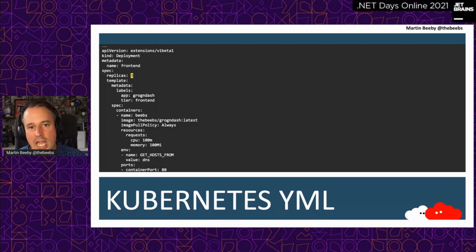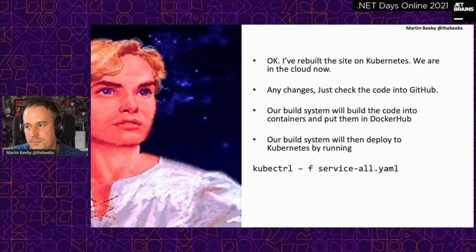So let's say we have a system where we're monitoring the number of requests that are coming in. We could scale the number of replicas that we have of that particular container to handle a bit more load. There's lots of ways that you can adjust that. And basically, if you adjust this file and apply it to our cluster, it will alter the application architecture for us.